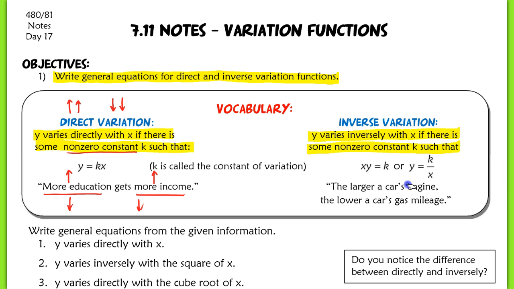If you decrease x, then y is going to get bigger, because if you divide k by a smaller and smaller number, the output gets larger. So the big idea is that in an inverse variation function, as one value goes up, the other goes down. In the real world, the larger a car's engine, the lower the car's gas mileage. As the size of the engine increases, its ability to be efficient with gas decreases.